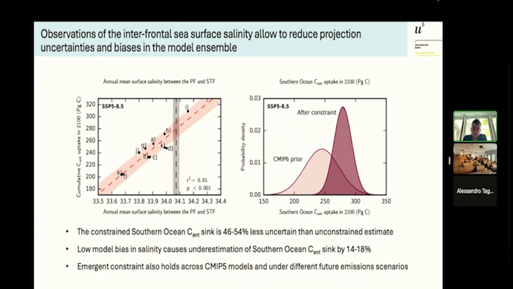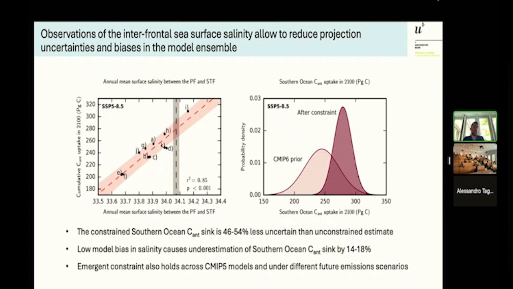We looked a little bit further and tried to understand what drives the differences in the mean surface salinity, but there are a lot of factors that play into it: evaporation, precipitation, upwelling of circumpolar deep waters, melting of sea ice, the wind strengths, and the position of the Antarctic Circumpolar Current.